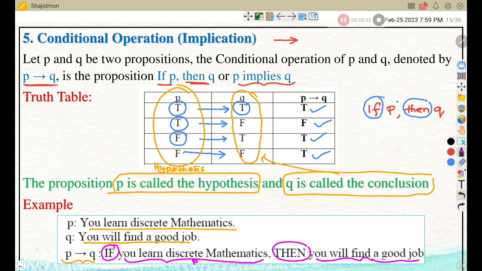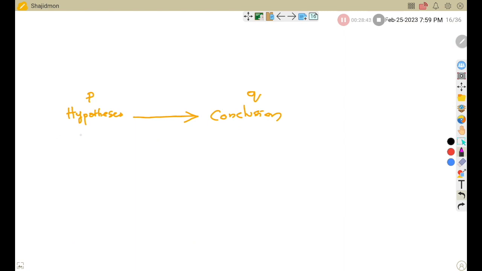So if P statement, comma, then Q statement. That is the conditional statement, conditional operation, or implication. That is how we write it in English.